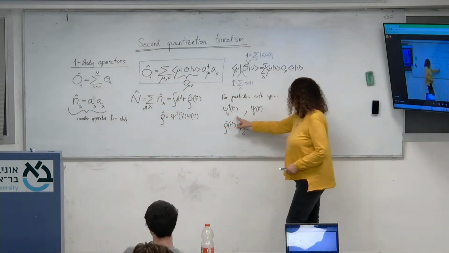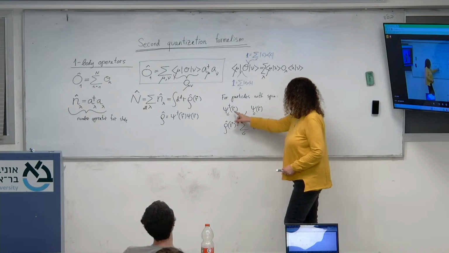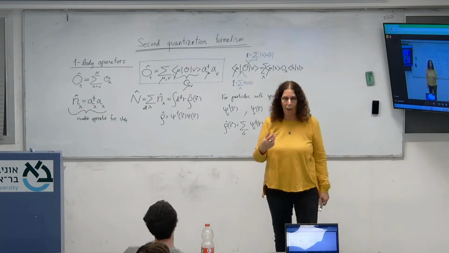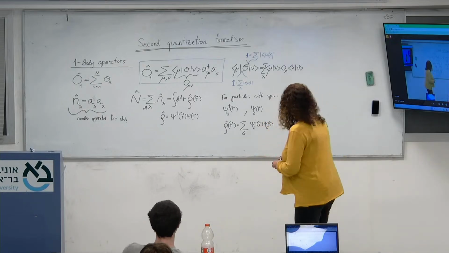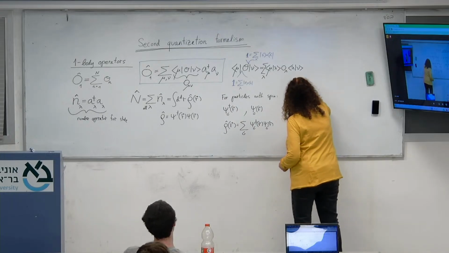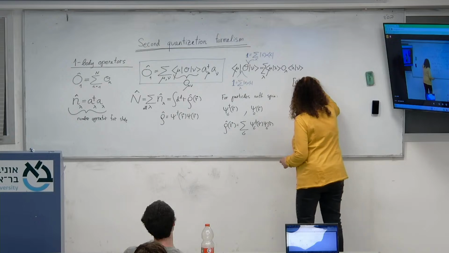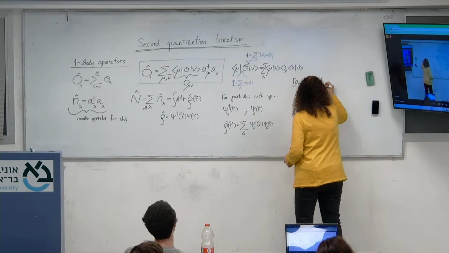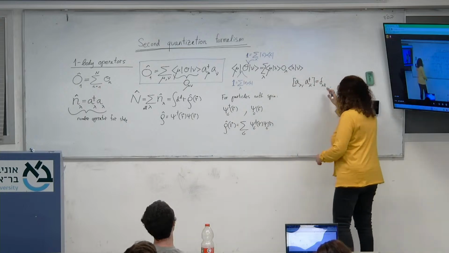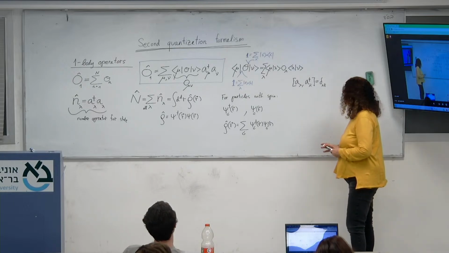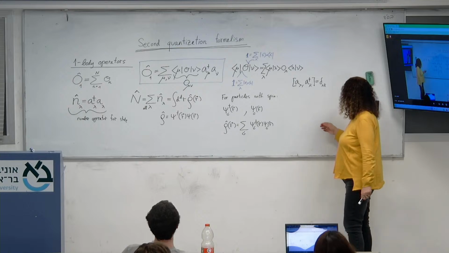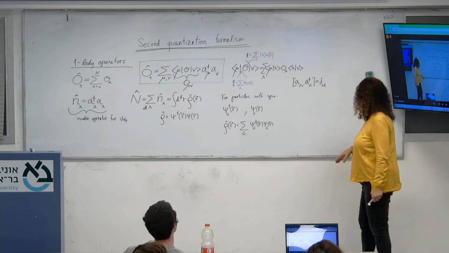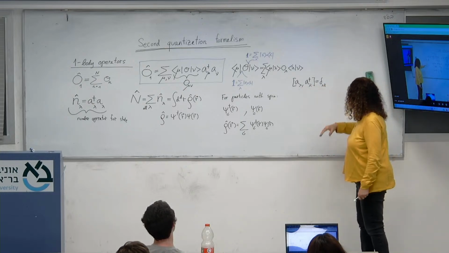Now, with regards to these operators, the psi of R, because they have non-trivial units, the R is a continuous variable. So I remind you of the commutators, and it's true also for anti-commutators.